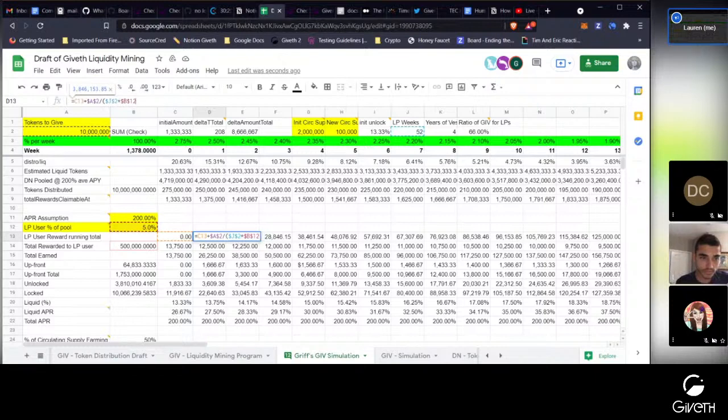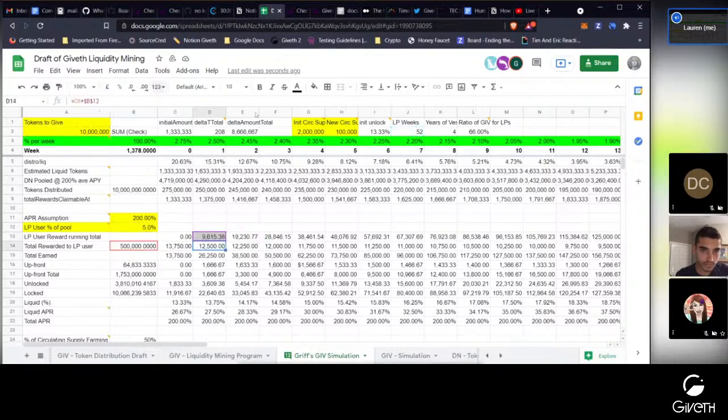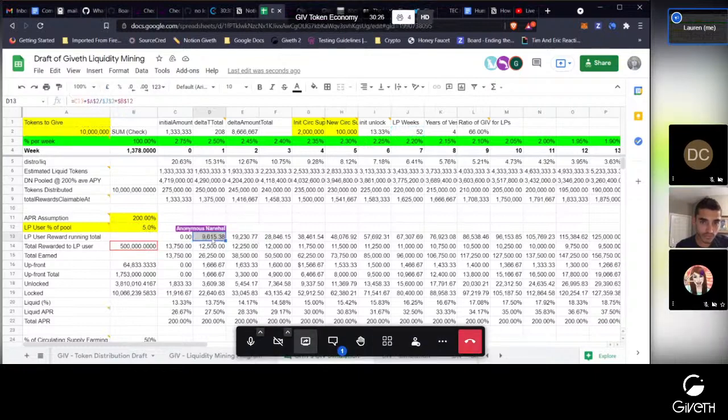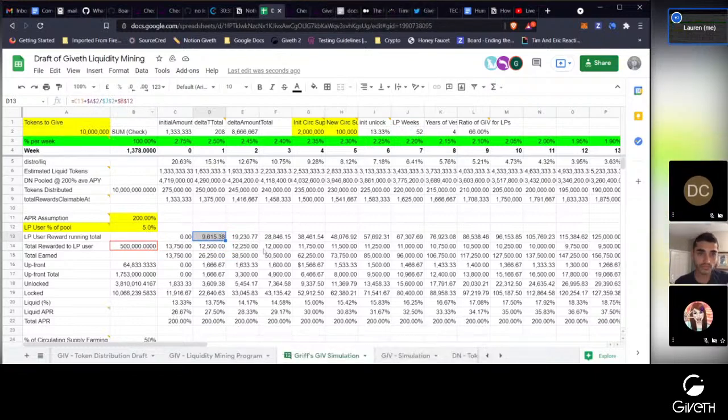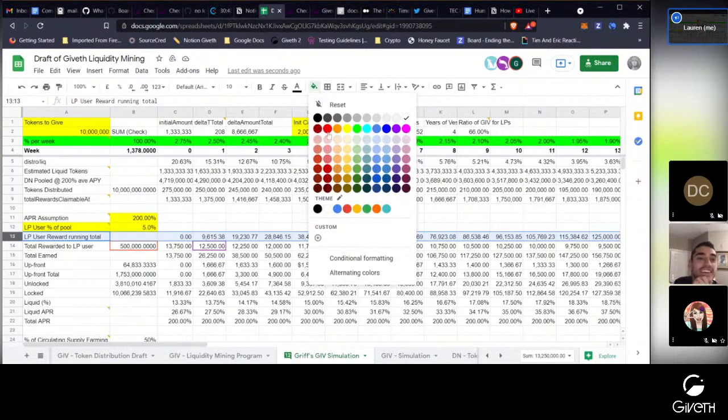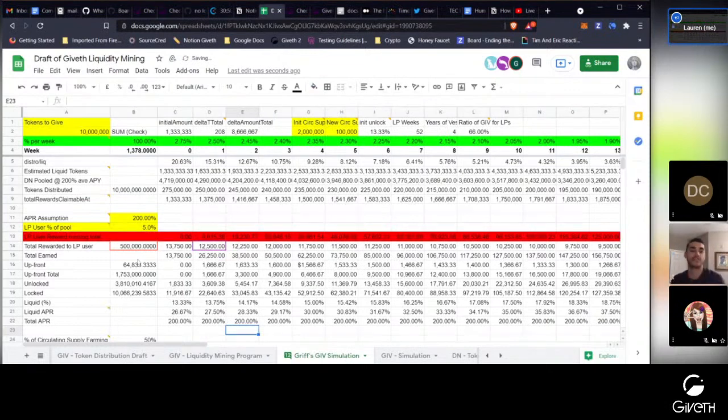No. Let's see, I mean, this makes sense. 5% should be these nice round numbers. I'm not sure what this is. Let's just highlight this red. Okay, cool. And just ignore it for now until we figure out what it is.